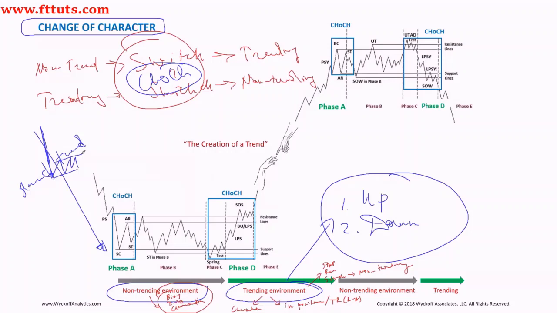Obviously those rallies are going to be smaller. They're going to be populated with some pockets of increased supply. This is where more selling is going to occur, and then additional selling is going to come. So it will not allow the price to go up significantly. And that's going to be the main price characteristic.